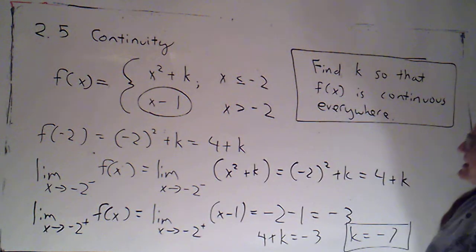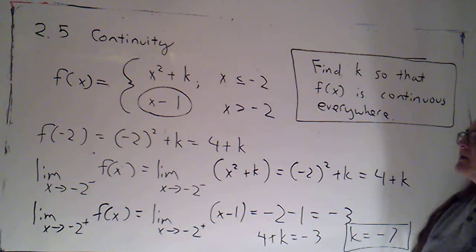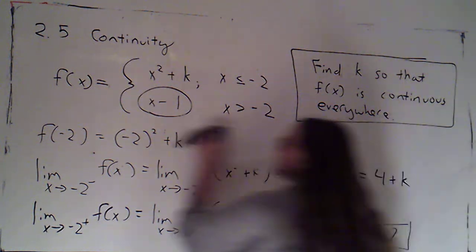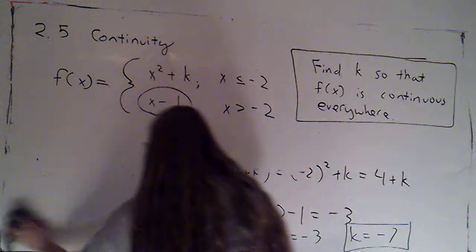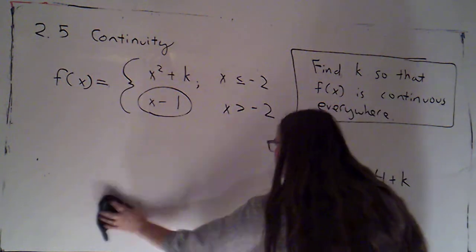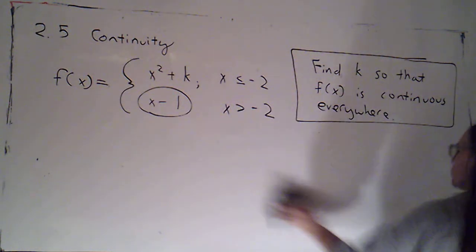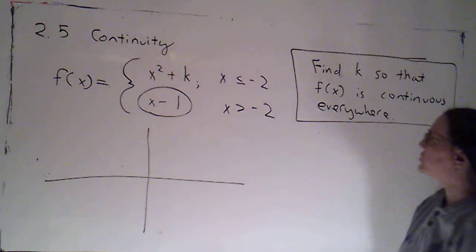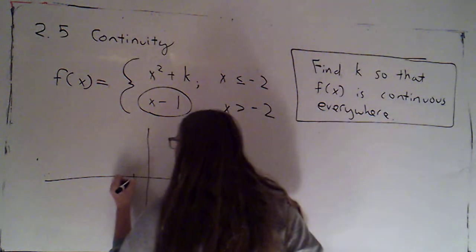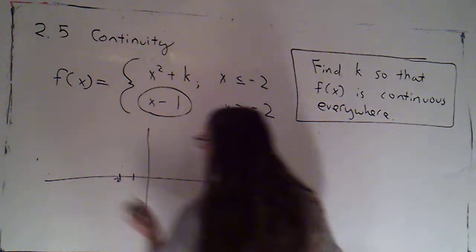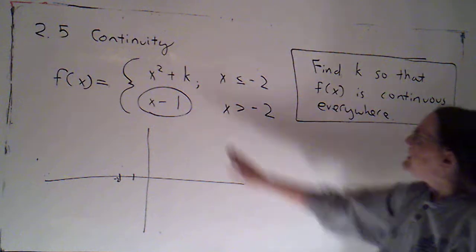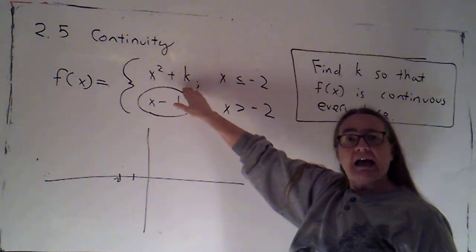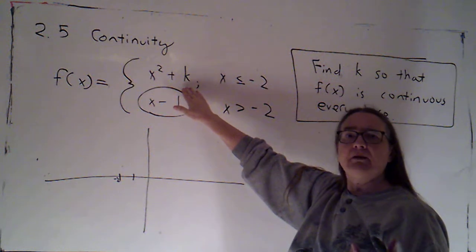Now what I just did is I attacked this problem algebraically. I just worked with the formulas for the function. I could also think of this a little bit more graphically. This is a piecewise function. I know that we change rules at negative 2. Now, to the left of and at negative 2, we're going to have a translated parabola.